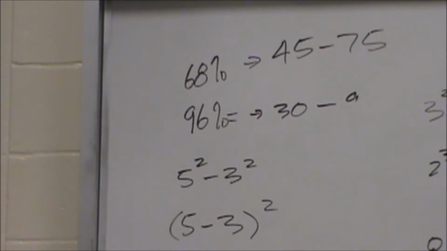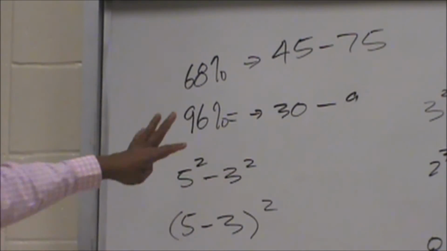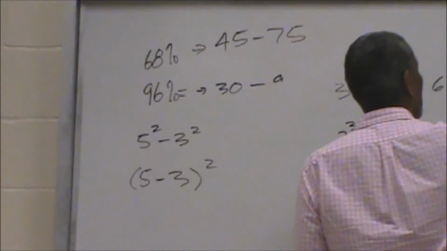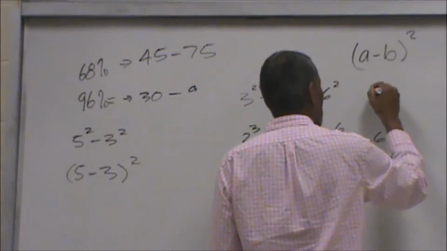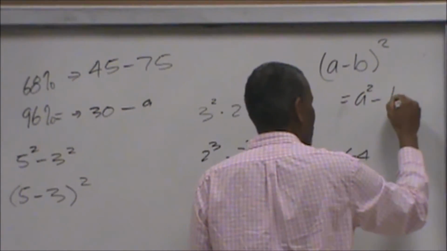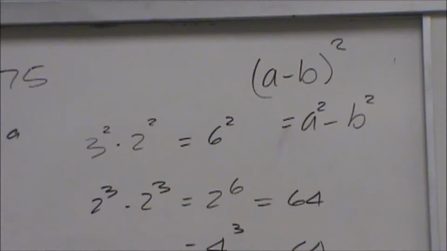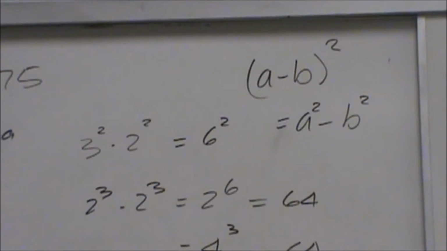The answer is not the same. It's 100 minus 9. Now, we know the answer is not the same, but is A minus B squared equal to A squared minus B squared? No. But you'd be surprised how many people do that.